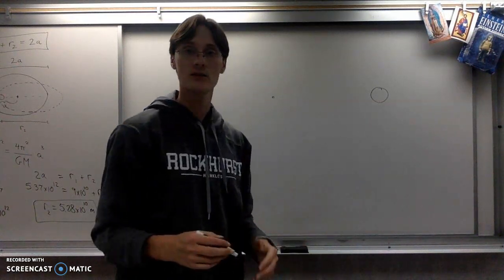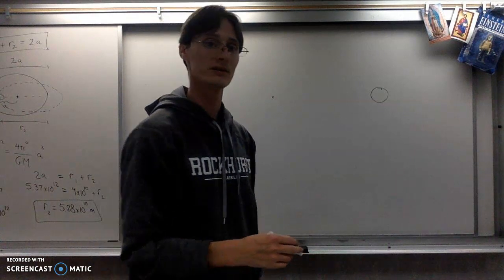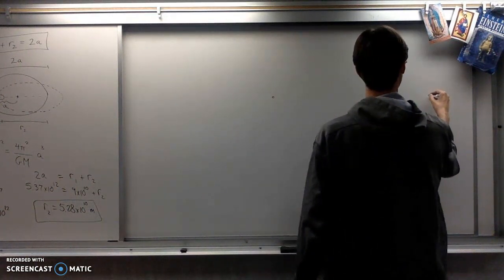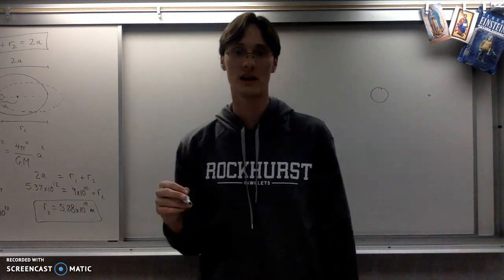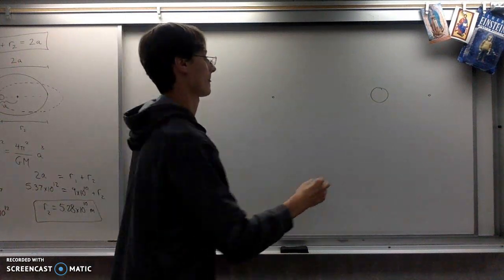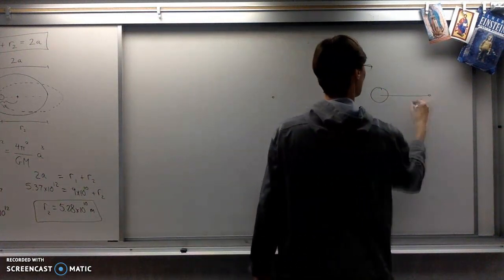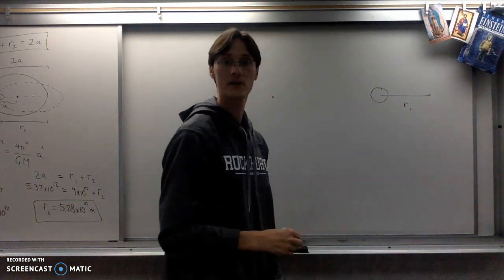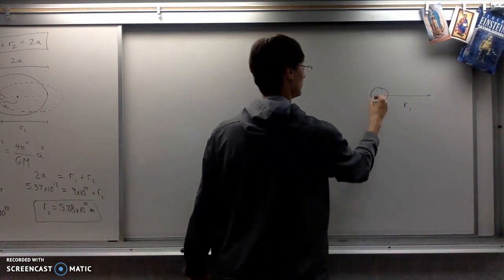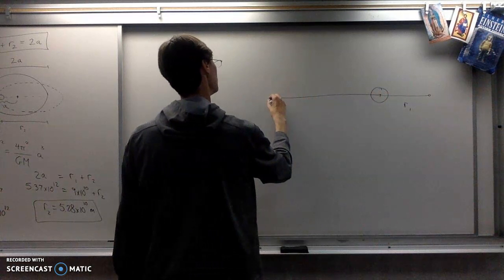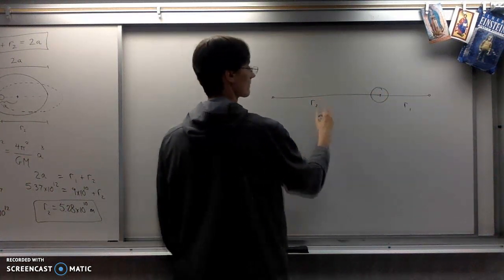Instead, you need to use elliptical orbits to your advantage. So let's say that you start here on the Earth and you're trying to get to Mars. Perihelion distance, aphelion distance.